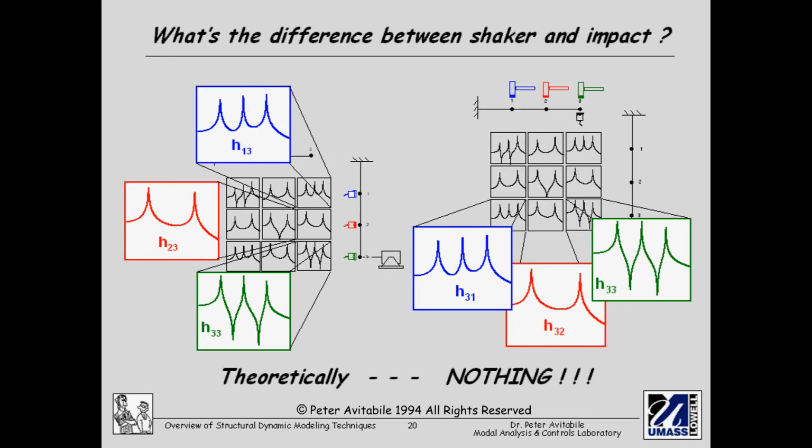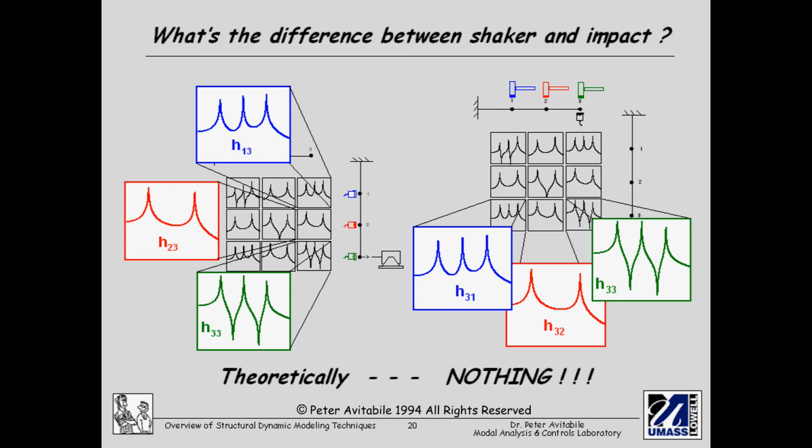So now we talked about having a test where we had an impact hammer that moved on the structure and we kept the accelerometer at the same location. Is there any difference when I have a shaker mounted on the structure and I move the accelerometers around and take measurements? Well, from a theoretical standpoint, there's no difference. If you looked at this matrix, you'd say, I can see this matrix has some symmetry.